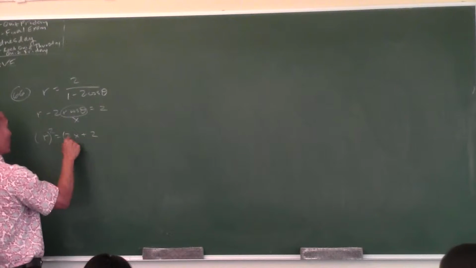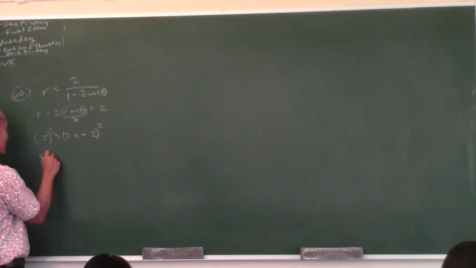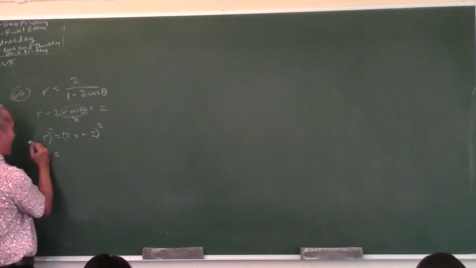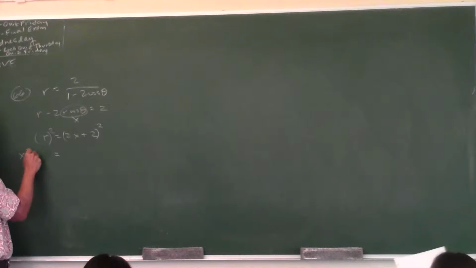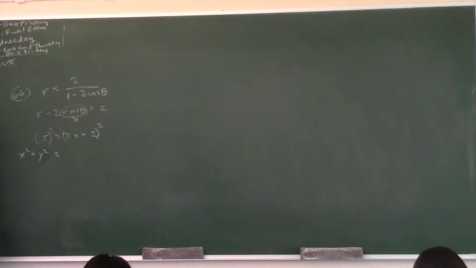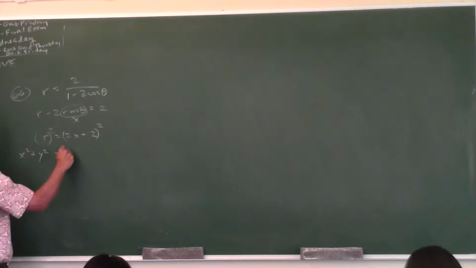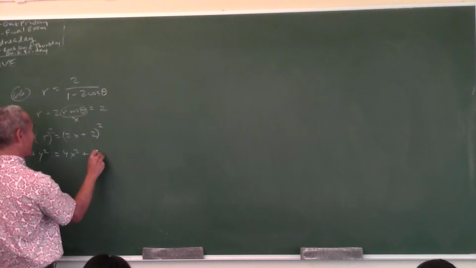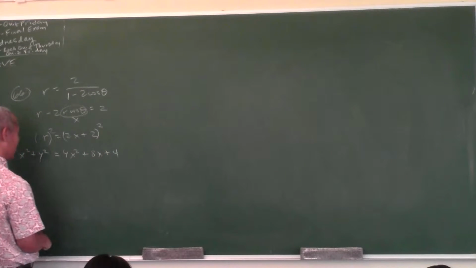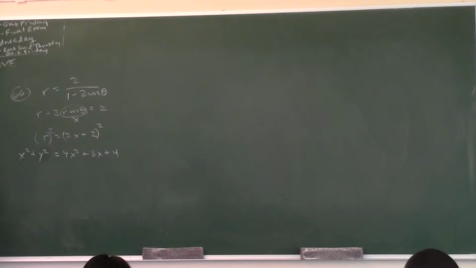Now you square both sides. r squared, we already know, is x squared plus y squared, right? And if you square this, 4x squared plus 8x plus 4. Right now, you can't tell if it's an ellipse or hyperbola yet, like the book told you. I'm not going to tell you either. You have to complete the square to see.